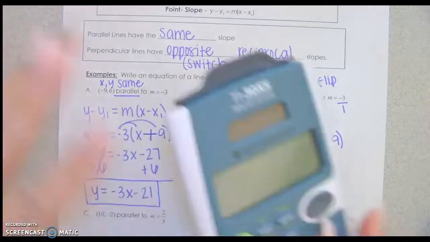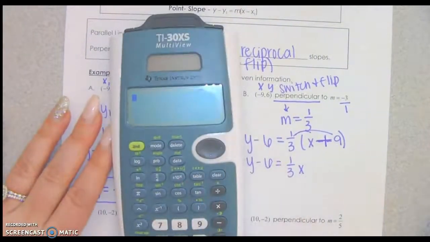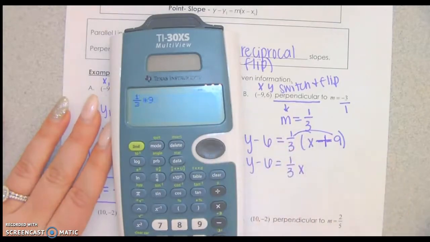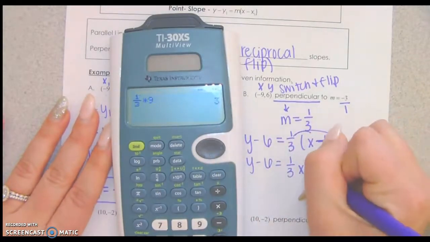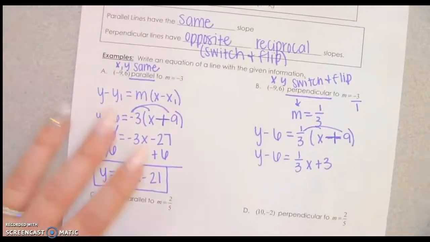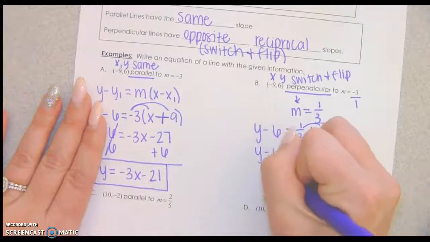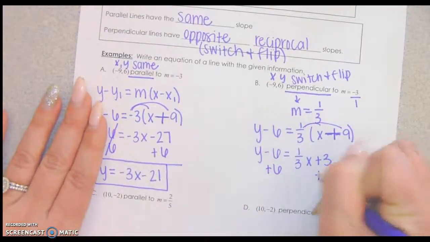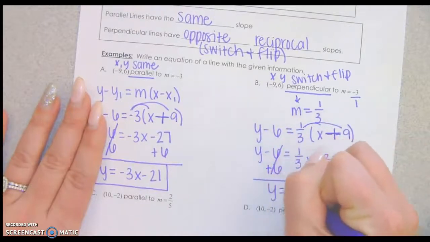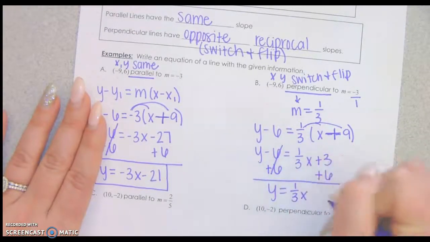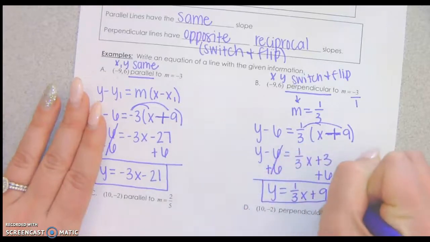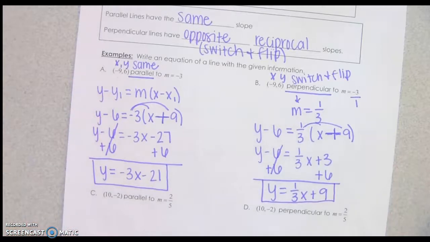And then we can take out our calculators, and we'll do 1/3 times 9, and we get 3. To get y by itself, we need to add 6 to both sides. So y equals 1/3 x plus 9. And that is our perpendicular line.